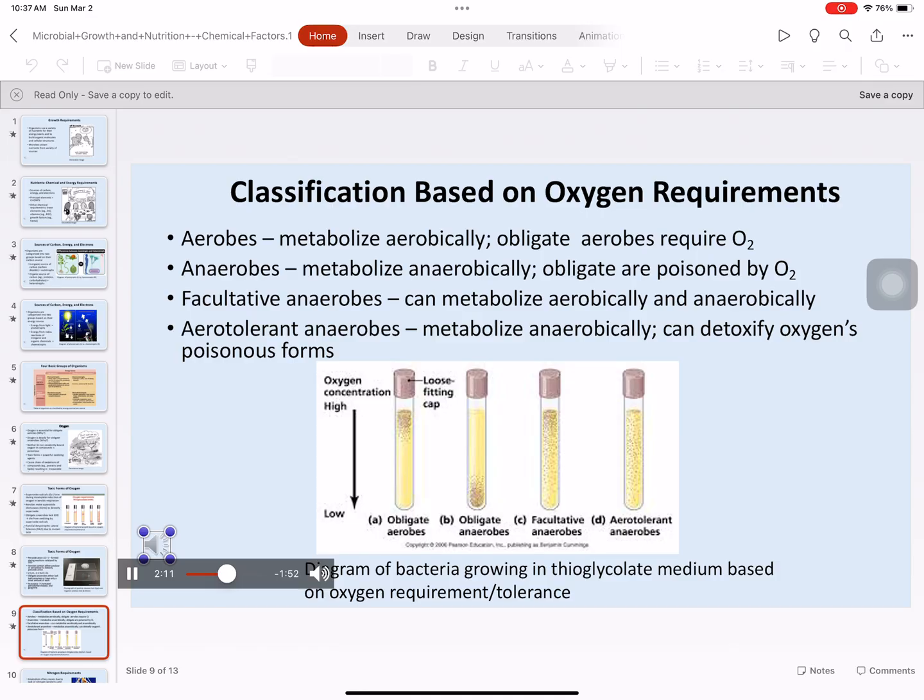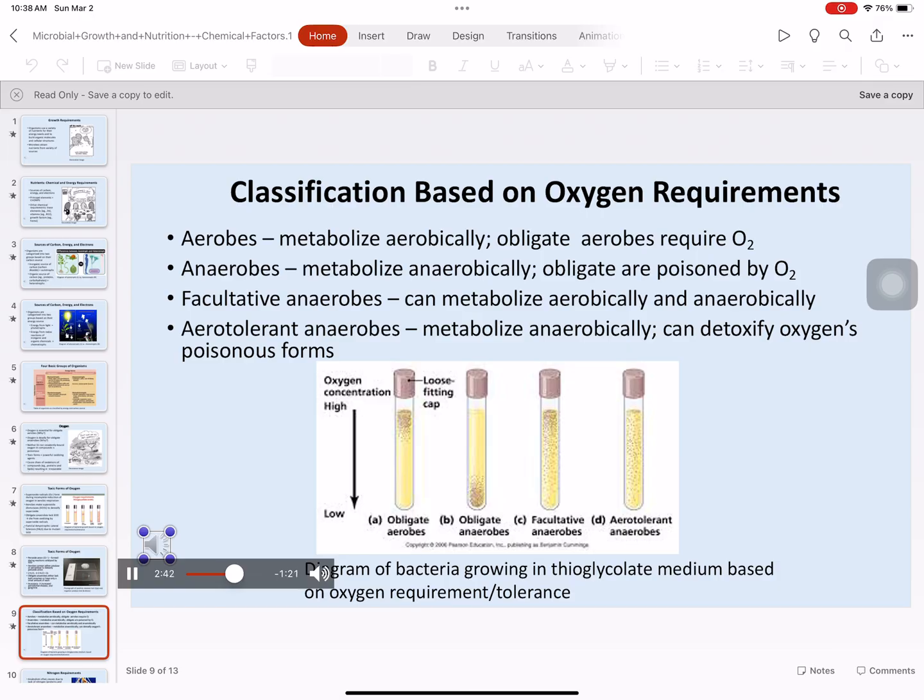Now, there are some organisms, facultative anaerobes, that can metabolize aerobically and anaerobically. And so if we look in panel C of our figure, well, these will grow throughout the tube, but note, they're going to grow much better, more densely at the top.